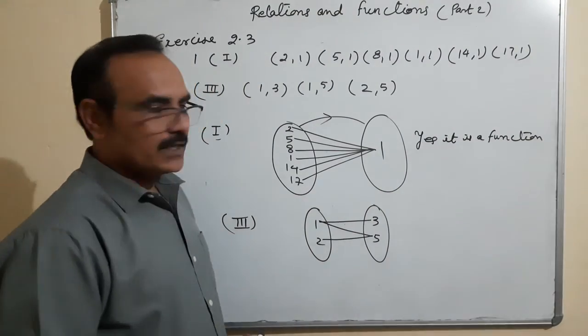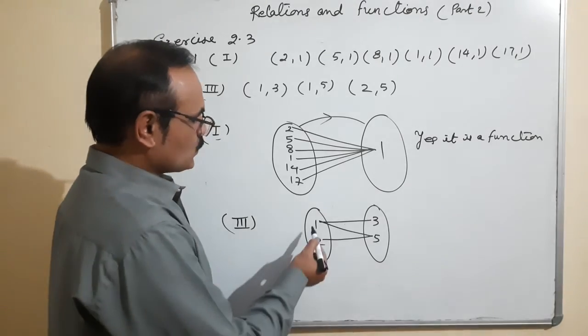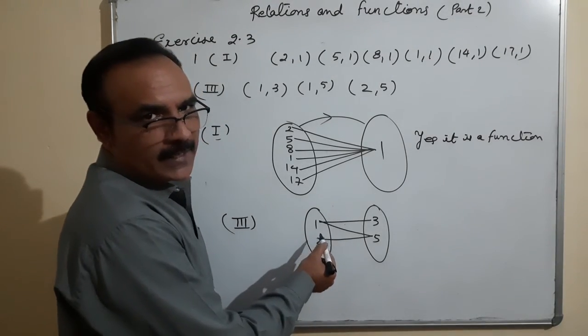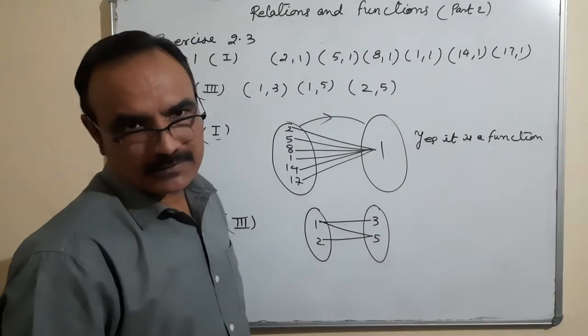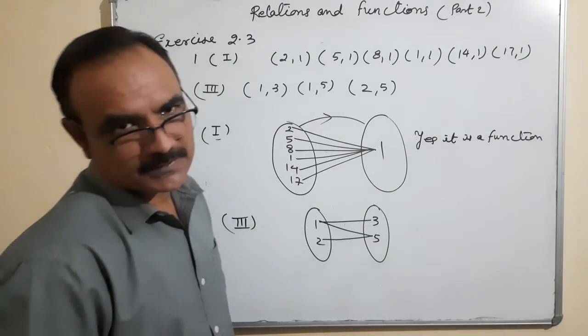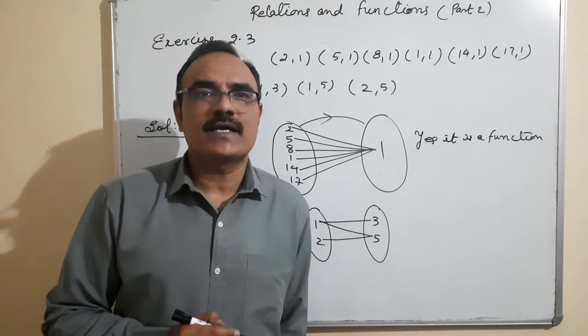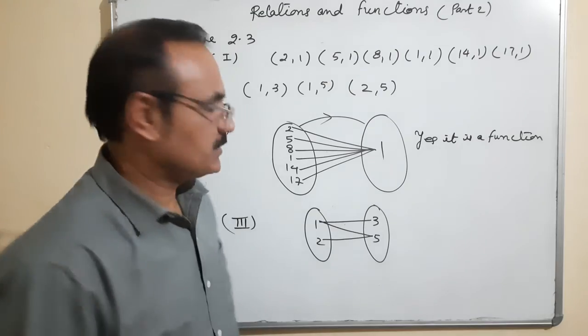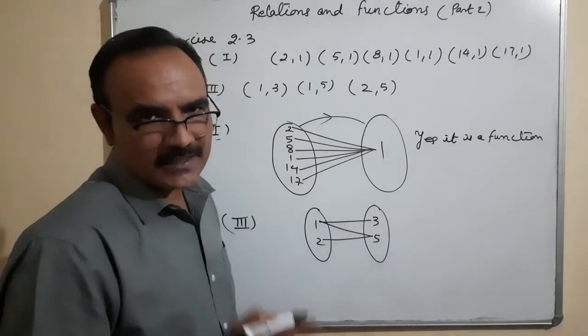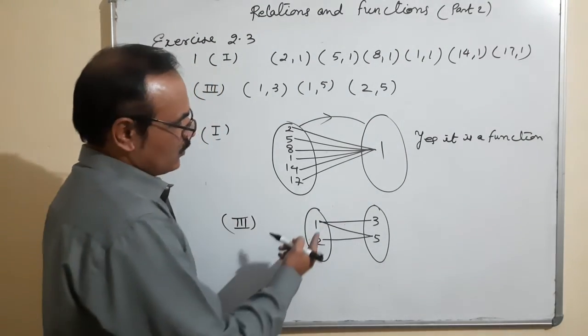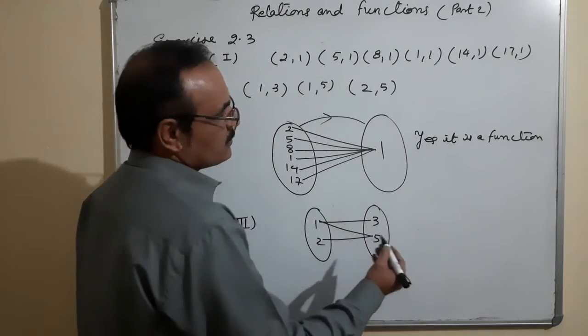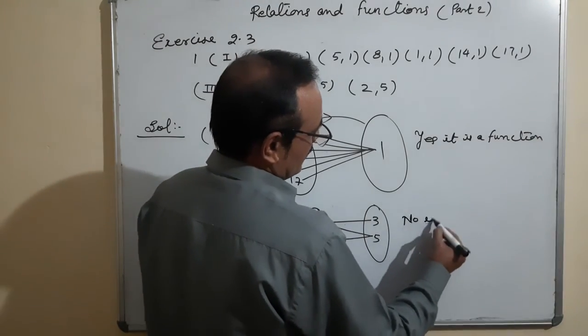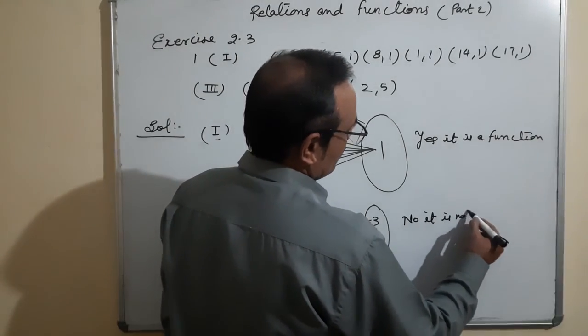No, it is not a function, because one element from the domain set has two images in the codomain, which is not possible in a function. Every element must have one and only one image.